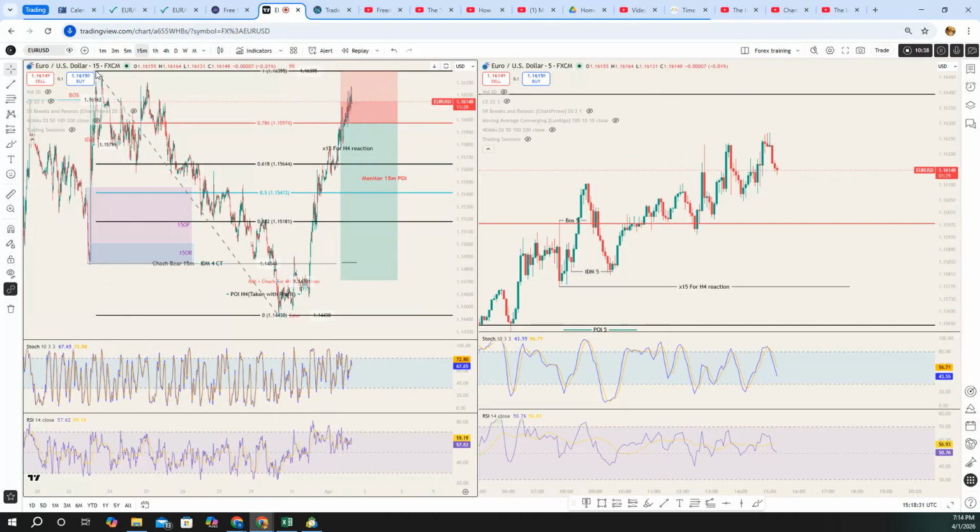But the independent structure of the 15 is going down. Okay, but the 4 hour reaction is going up because there is a reaction on the daily that is going up, and the daily is going up to take liquidity. So even though the structure of the daily is a downward trend, now it's going up to take liquidity.